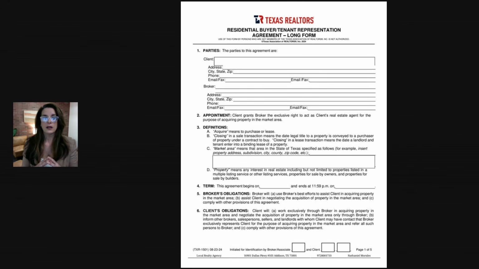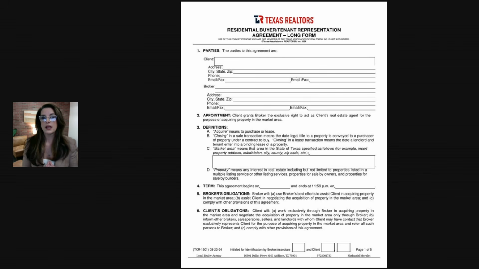I'm up in North Texas, so I can say North Texas, and that covers a massive area. Some people might represent the client in all of Texas. If you're able to do that, and you belong to different associations and have a level of expertise, you could put Texas.